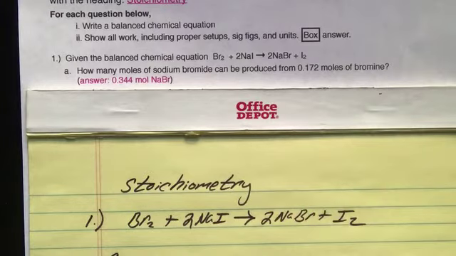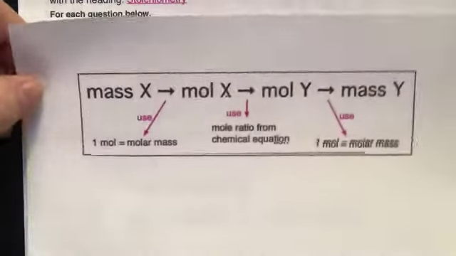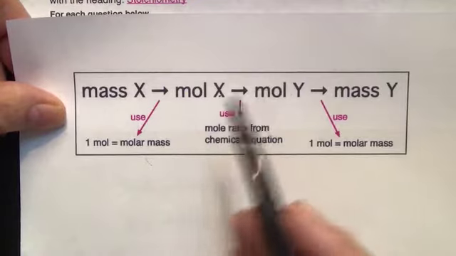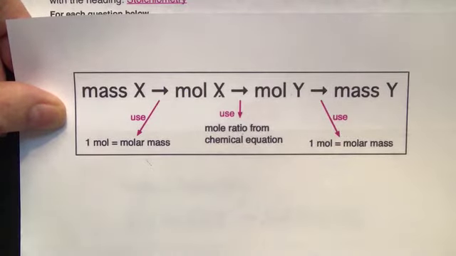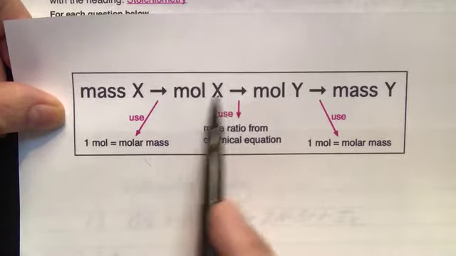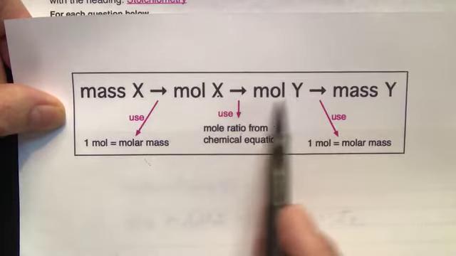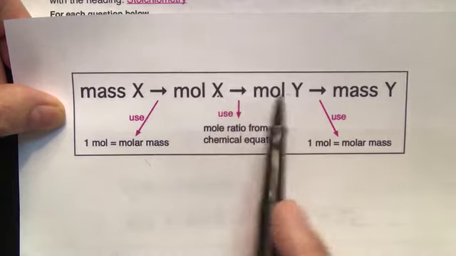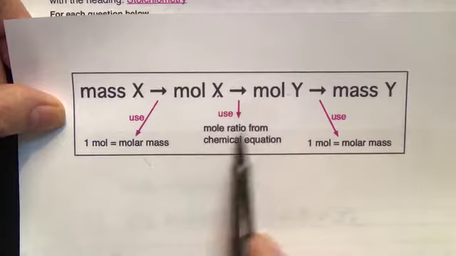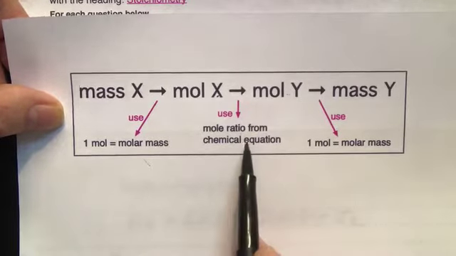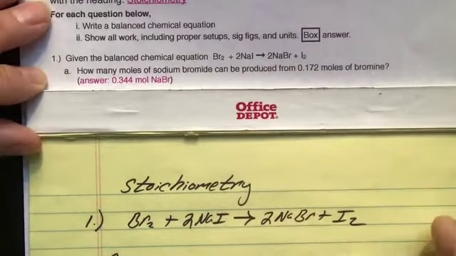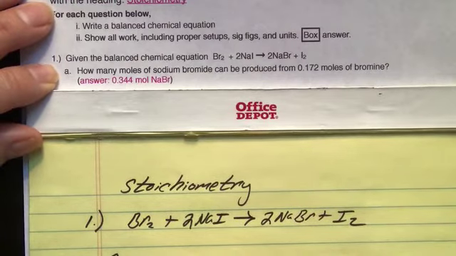Now remember the little flowchart that we used in our notes. All you need to do is to look to see what you're given and what you want. In this case, you're given the number of moles of one substance and you're asked for the number of moles of another substance. So that's just a one-step conversion using the mole ratio from the balanced chemical equation. So as always, we start by writing down the value we're given.